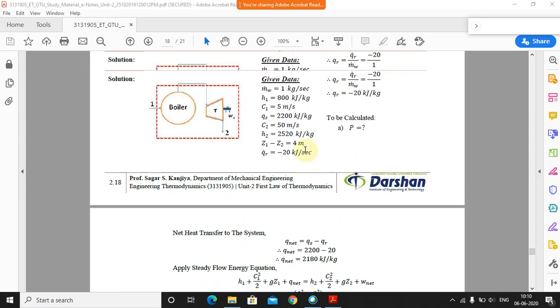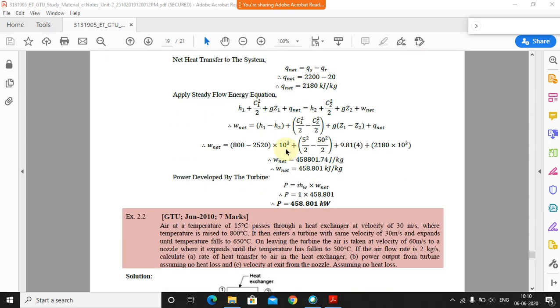Now we know that the mass flow rate is 1 kg per second, into w_net, which is 458.801. So the final value is P is equal to 458.801 kilowatt, because the unit of power is kilowatt.